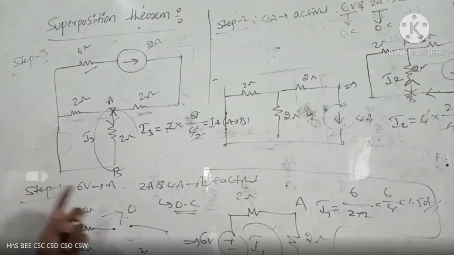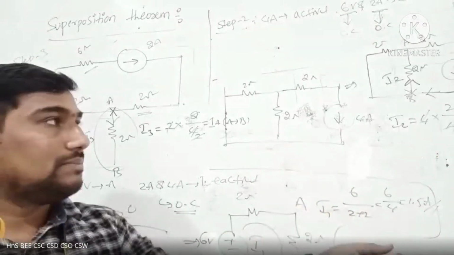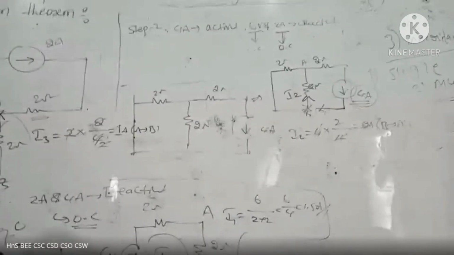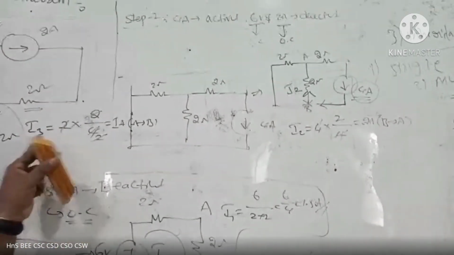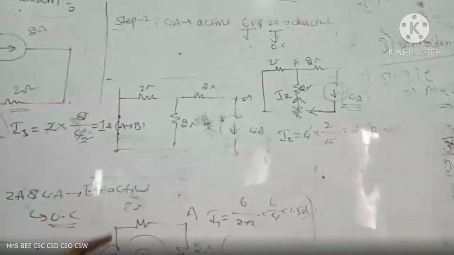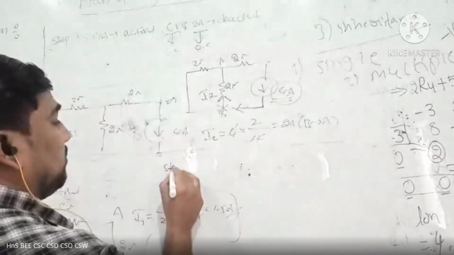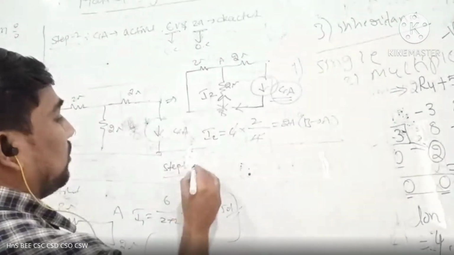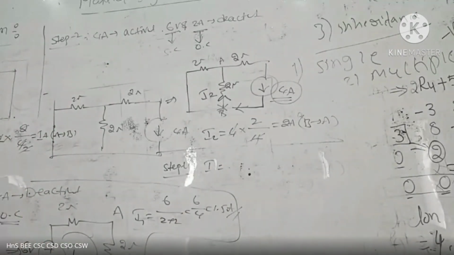Now, this is step number 1. From step number 1, we get some current value, that is 1.5 amperes from A to B direction. In step number 2 also, I am getting some current, that is 2 amperes B to A direction. Okay. B to A direction, and I3 current is also A to B direction. Now you have to add the 3 currents. Step number 4, I equal to, now see, the majority is A to B direction only.